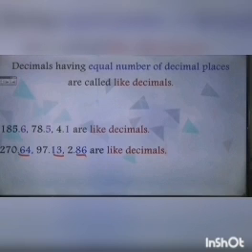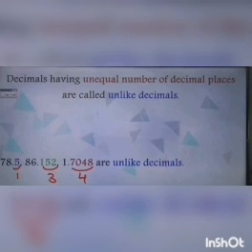Decimal place means the place after the decimal point. Decimals having an unequal number of decimal places are called unlike decimals. 785, 78.5, 86.152, 1.7048 are unlike decimals.